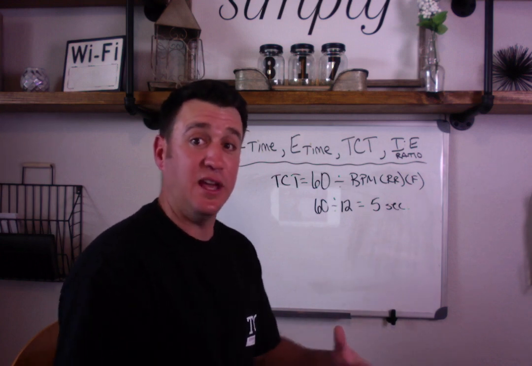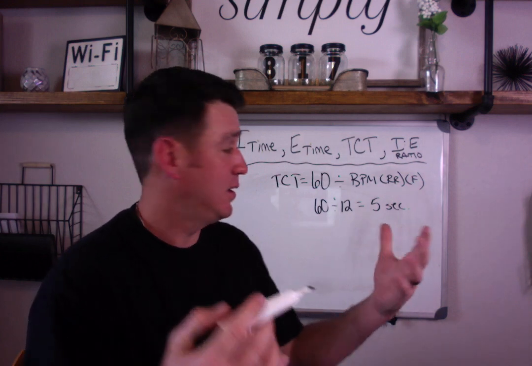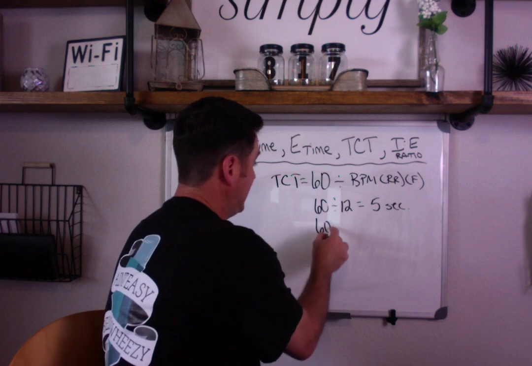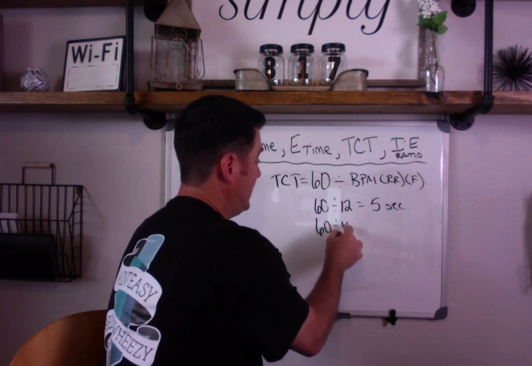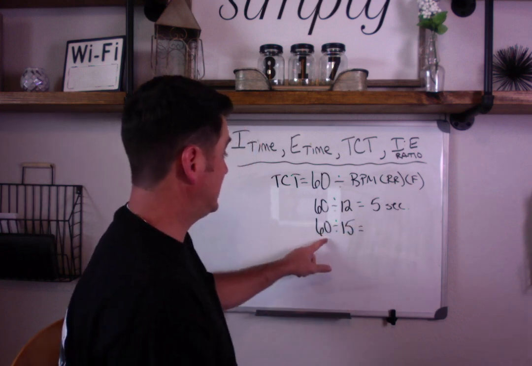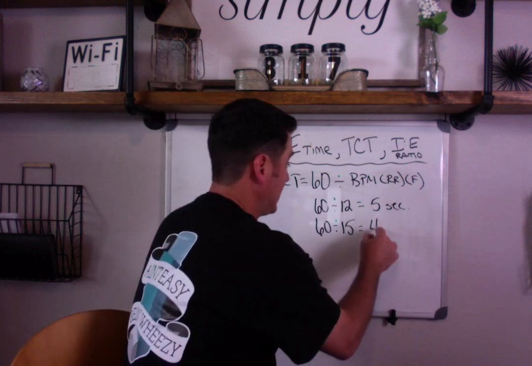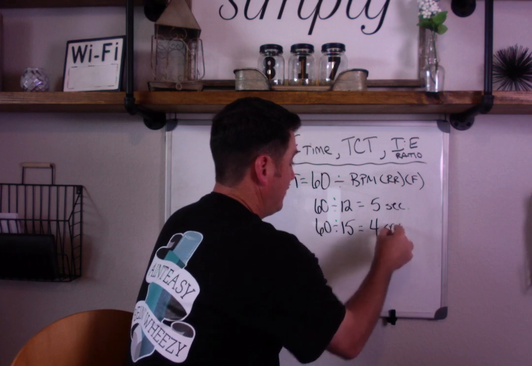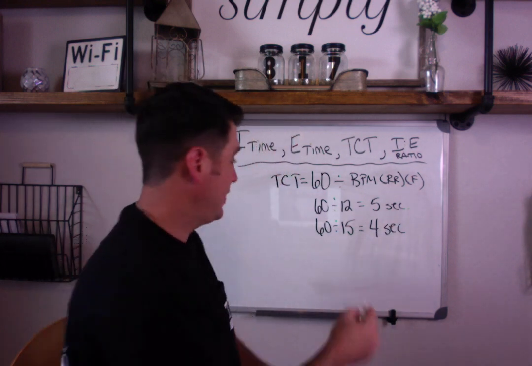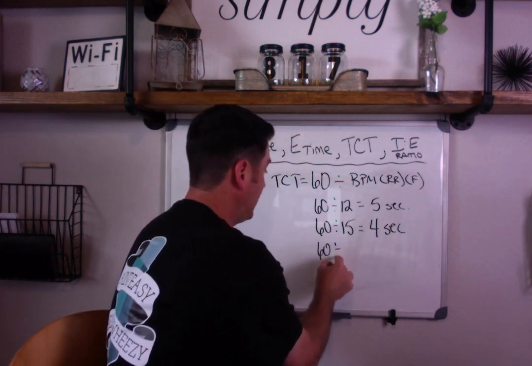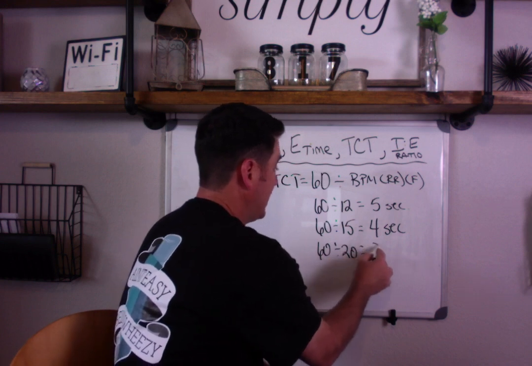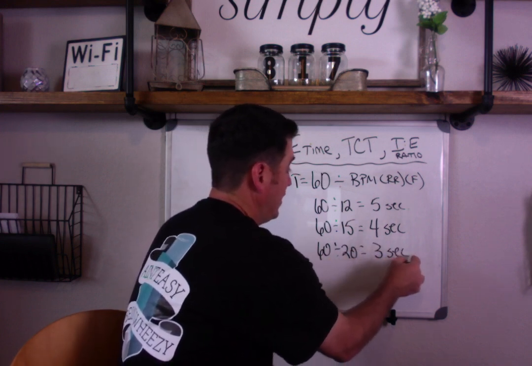If you're on a rate of 15, you do 60 divided by 15 breaths per minute, and you have a total cycle time of 4 seconds. If you're on a rate of 20, then you're going to have a total cycle time of 3 seconds.